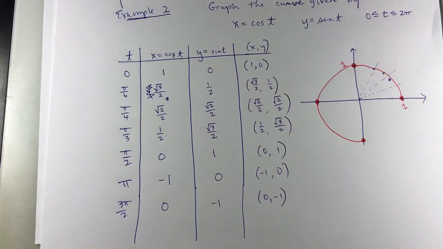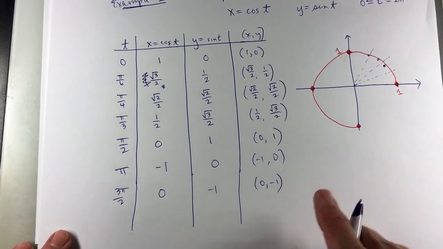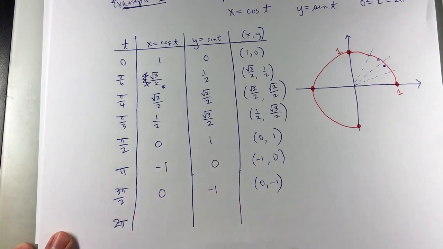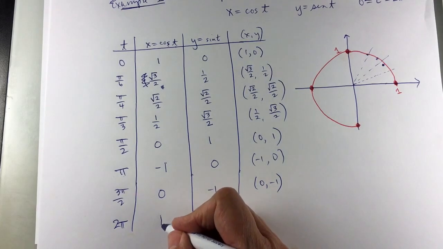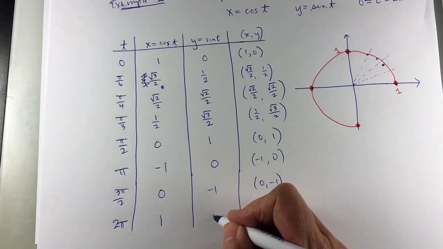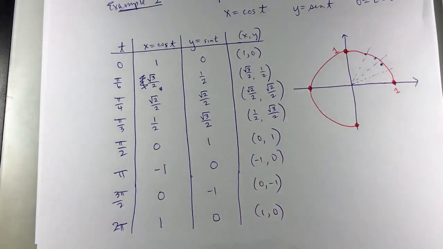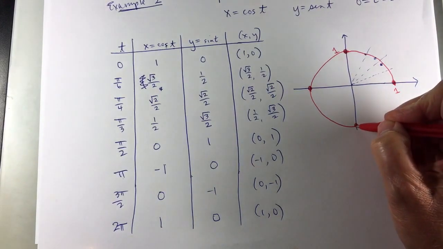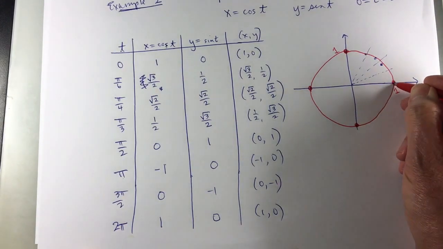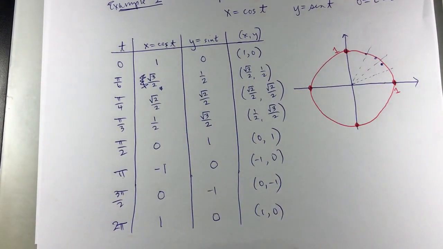Then finally, 2 pi. The cosine of 2 pi is 1, and the sine of 2 pi is 0. So that's 1, 0. That's back to the starting point there. And now what you need to do is put the arrows on the graph to indicate the direction.